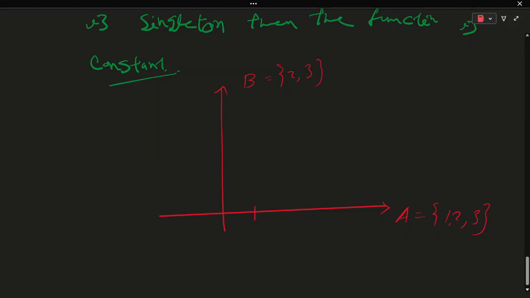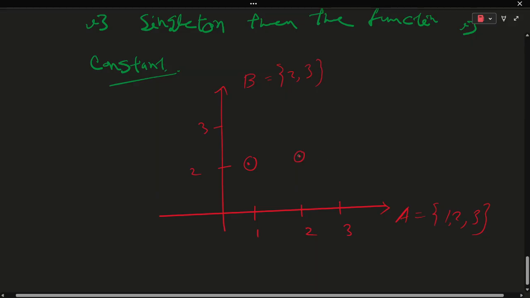And these elements are there. So this function is actually one type of relation, a special type of relation, right?